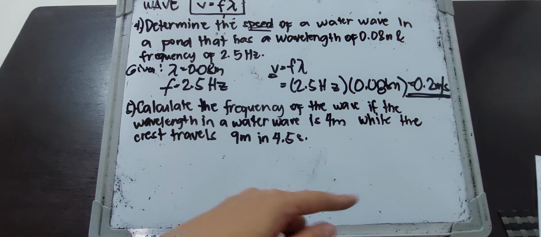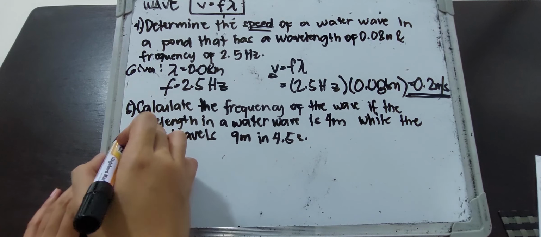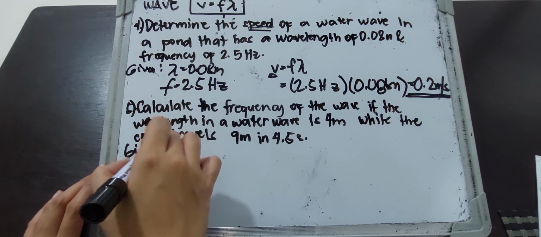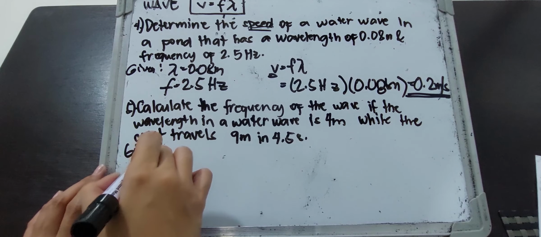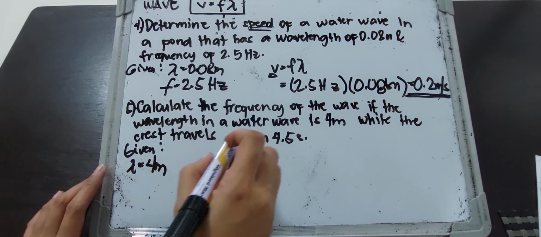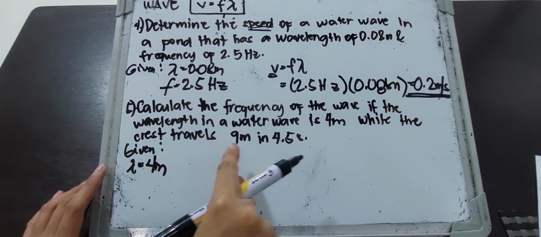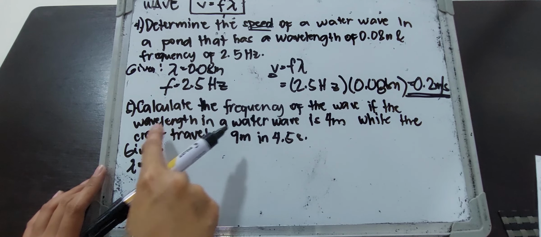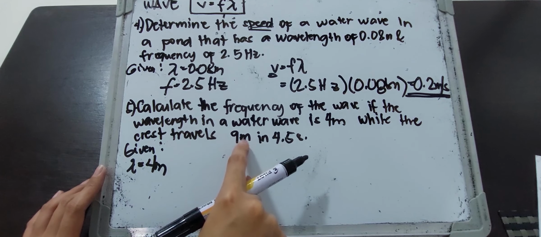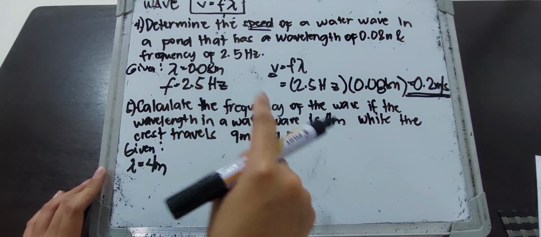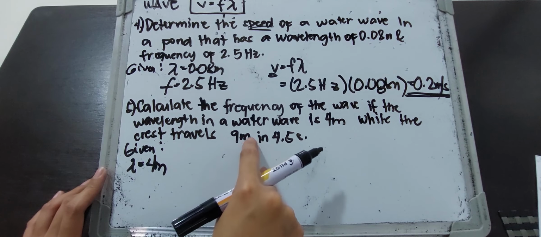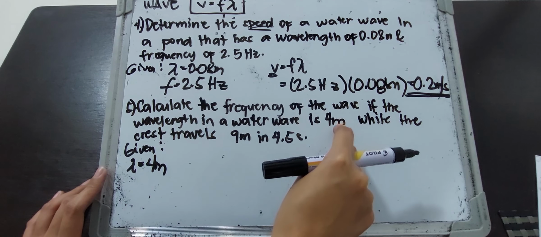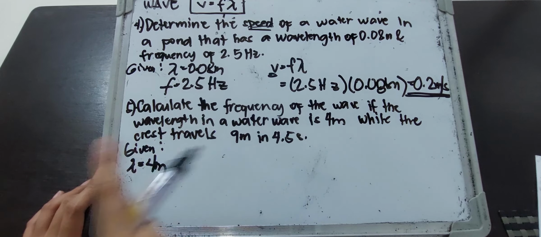Calculate the frequency of the wave if the wavelength in the water wave is 4 meters while the crest travels 9 meters in 4.5 seconds. Meron na tayong wavelength na 4 meters. So, ibig sabihin, hindi na to wavelength. Meters yan, di ba? Yes, pero meron na nga tayong wavelength, hindi pa pwedeng dalawang wavelength.